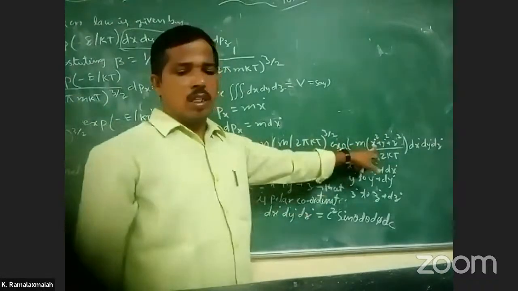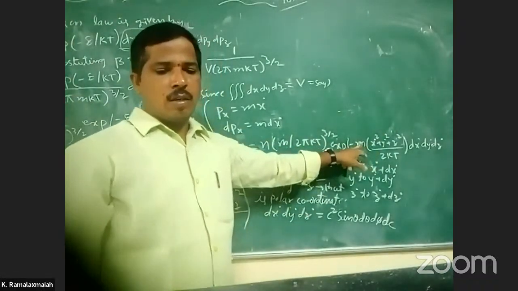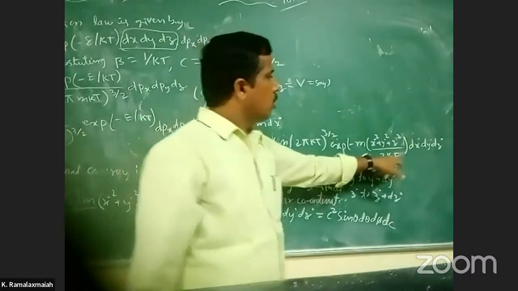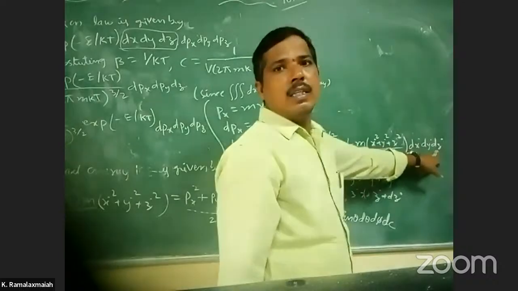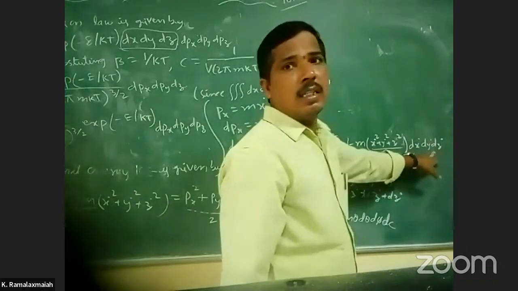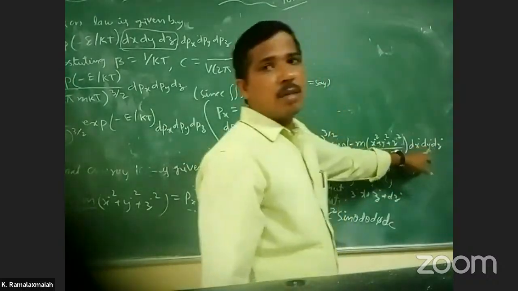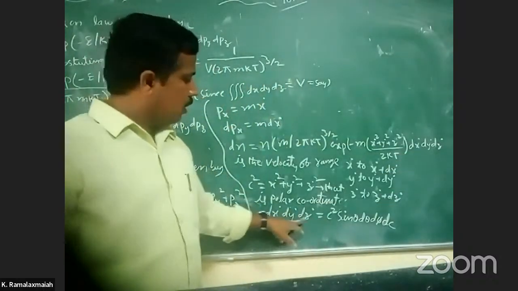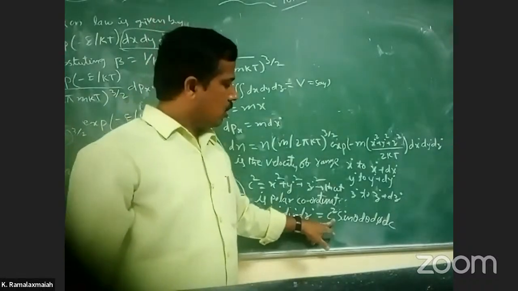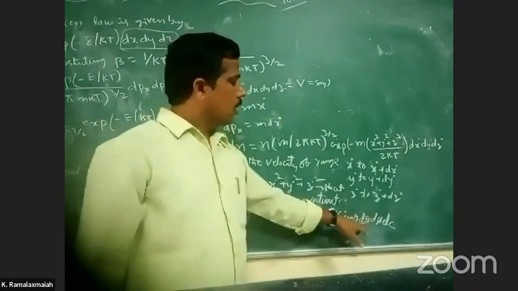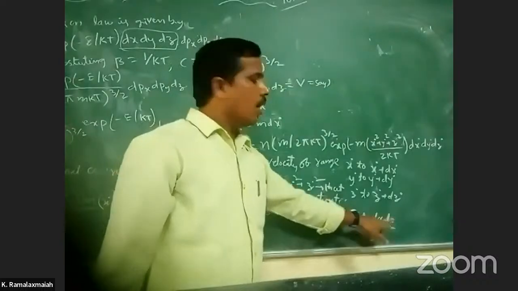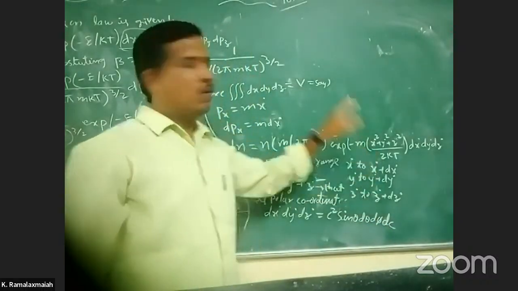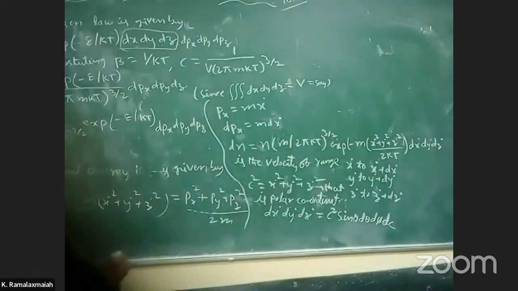And dx dot dy dot dz dot is equal to c square sin theta d theta d phi dc. Substitute that value into the above equation.